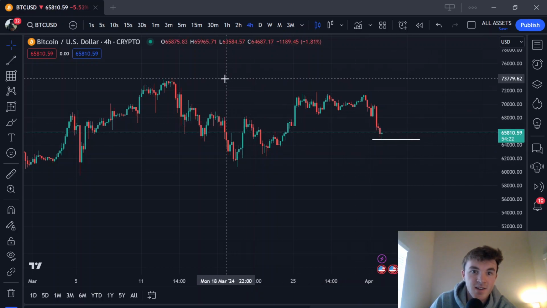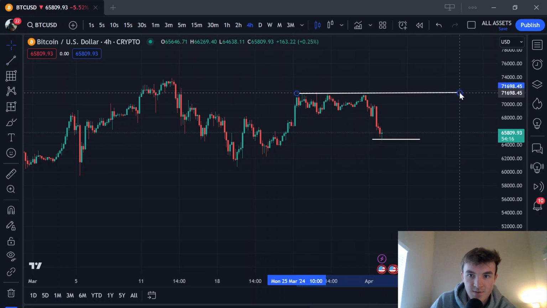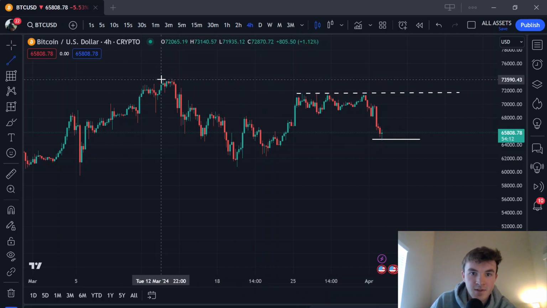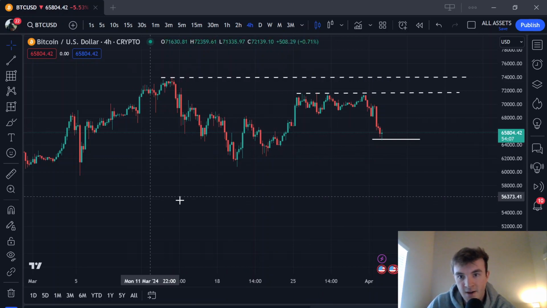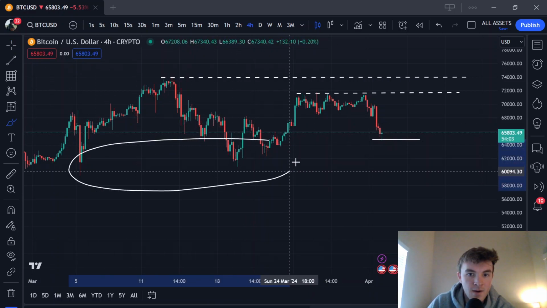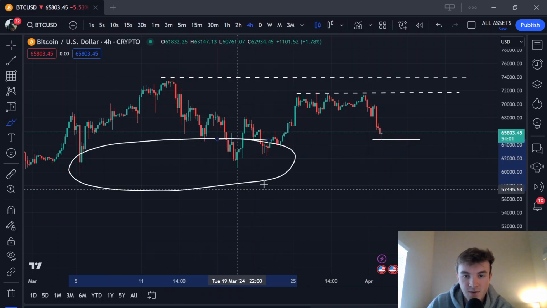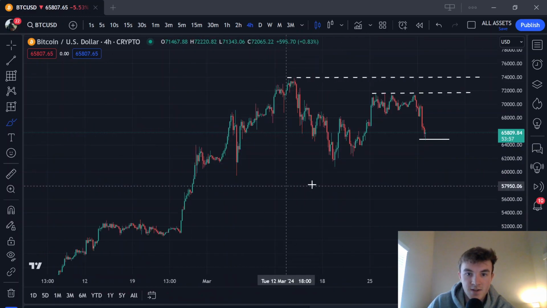Once it reacts, you may now target the previous highs. So all of these relatively equal highs would be a target. And then all of these relatively equal highs would be a target. However, like I was saying, these are all areas smart money is also targeting, where people are going to panic and freak out and sell, essentially.